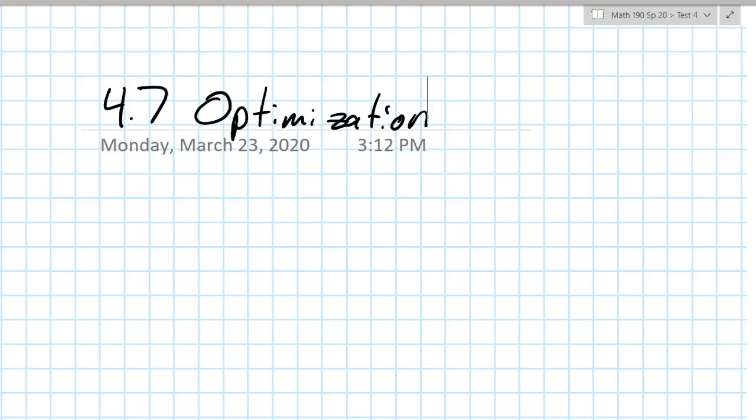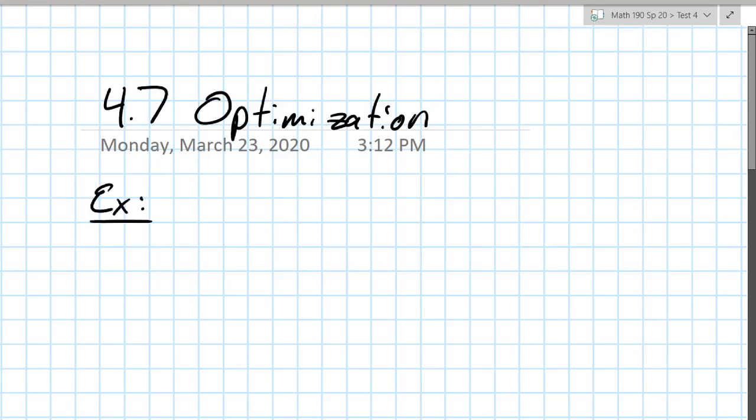We will clearly express what we are trying to maximize or minimize. The equation that we're trying to maximize or minimize is called the primary equation, and any other equations that limit what we can do are called constraints or secondary equations. And we will start off with an example.